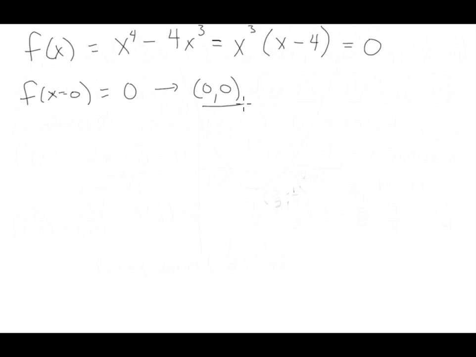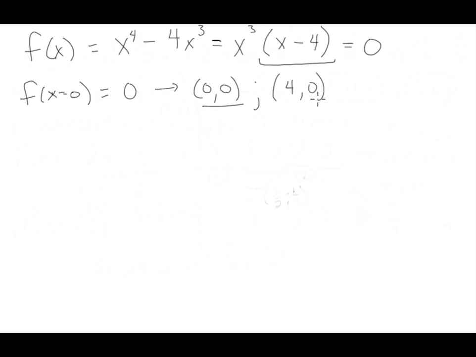We've already found one of the roots, that when x is equal to 0, and the other root is apparent from this factoring. It's going to be when x is equal to 4, that will make this expression here equal to 0, making the full expression equal to 0. So we have our x and our y intercepts at this point.